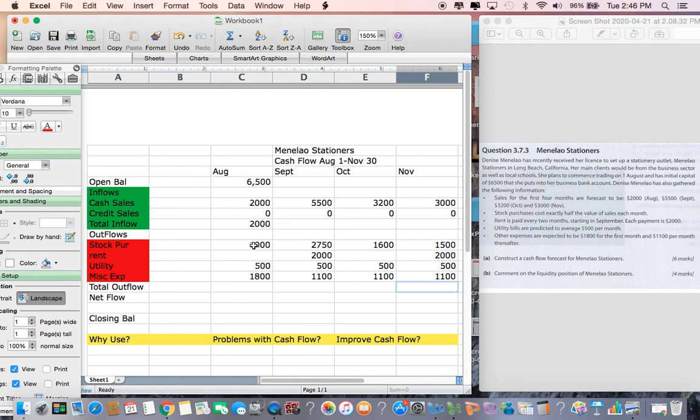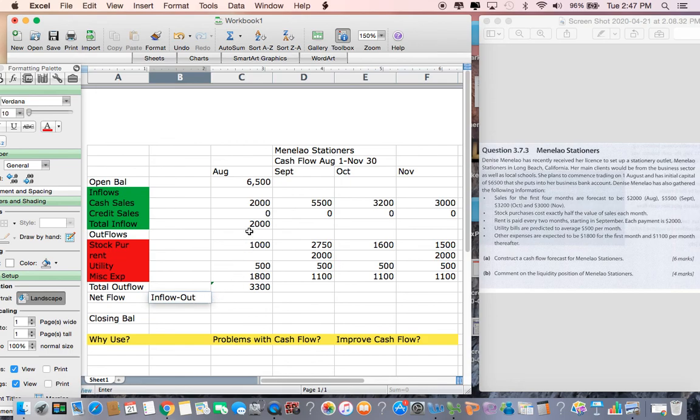But what we'll get, okay, is if I add these up, I get $3,300 of total outflow. Net flow, okay, is taking inflow minus outflow.